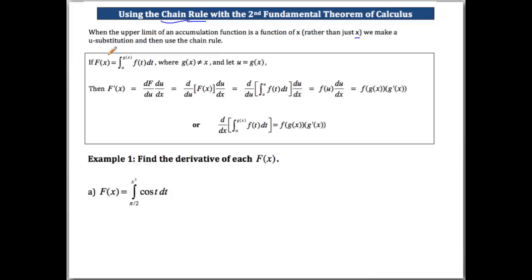Okay, so here, if our antiderivative as a function of x, or the definite integral as a function of x, equals the definite integral from a to g of x, a function of x, of some function f of t dt, where g of x doesn't equal x, what we can do is let u equal g of x.